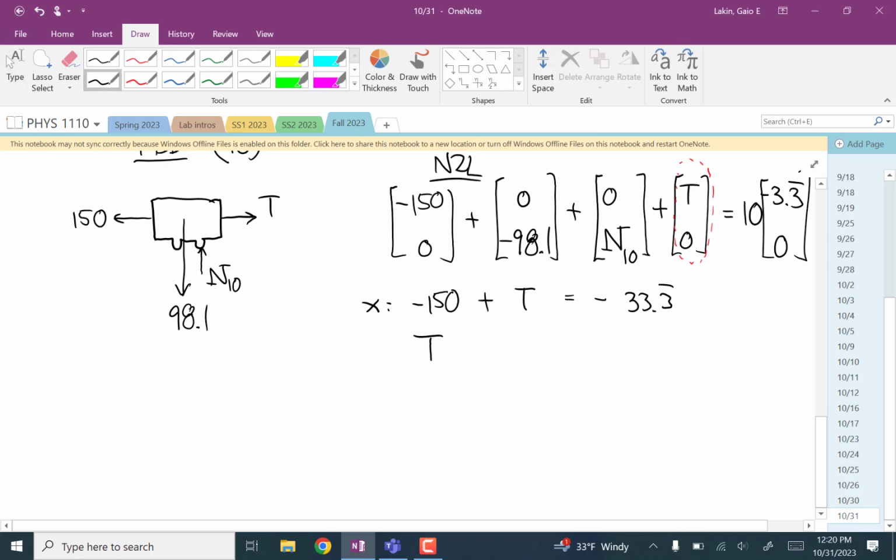And so T is equal to positive 116.6 newtons.